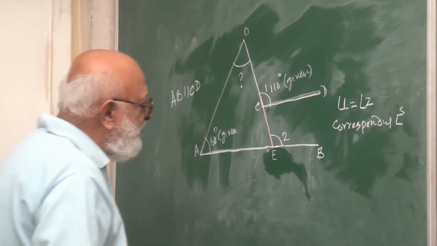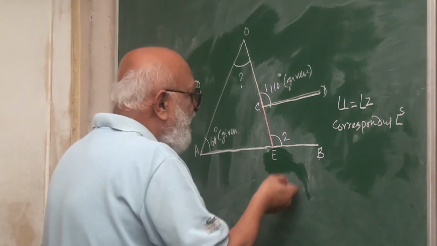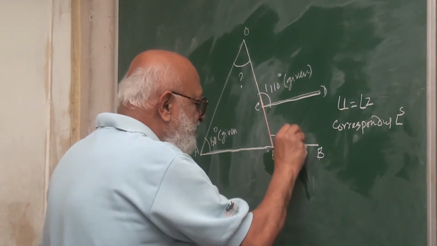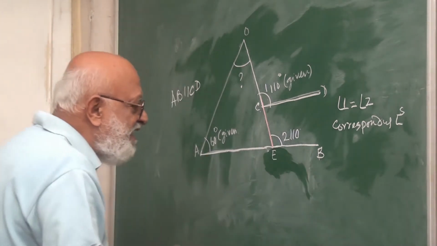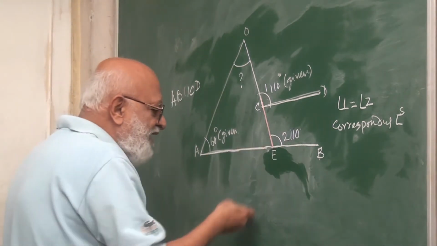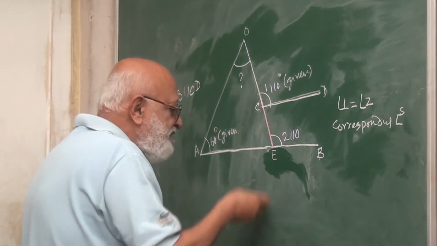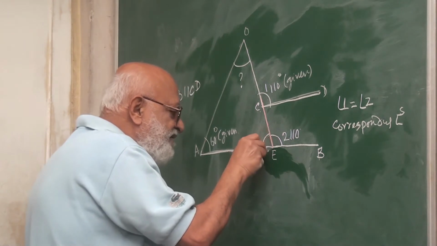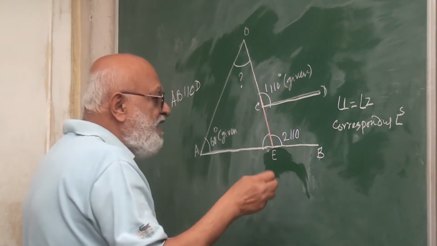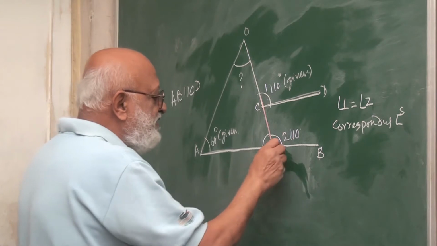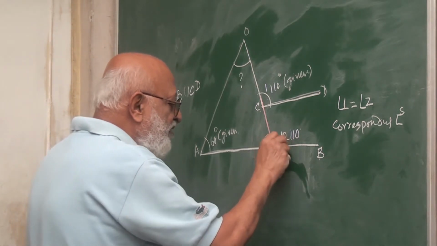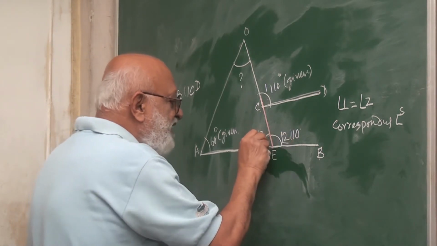Okay, so that means this is 110. If this is 110, let us take out another angle, this angle. We have called this angle 2, this one angle 1, and let us call this angle 3.